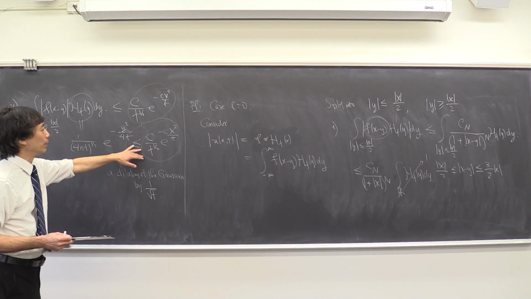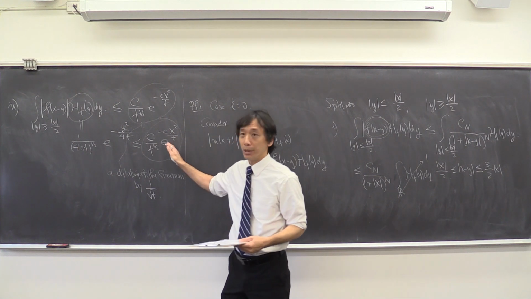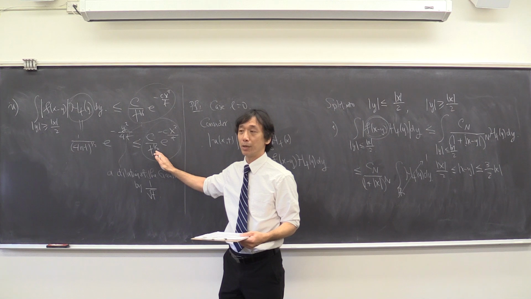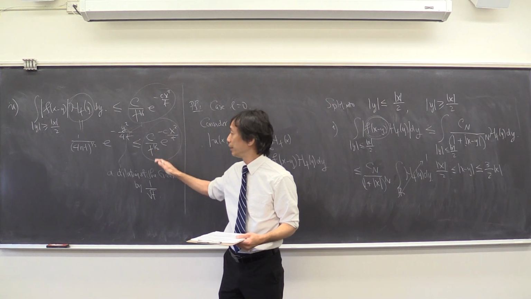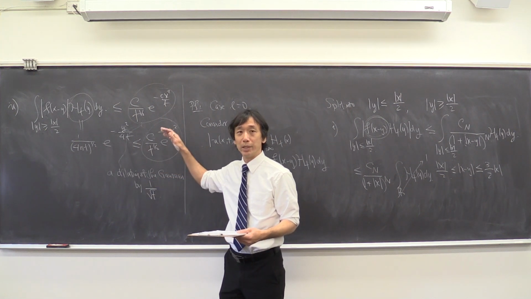As t goes to 0, for example when x is equal to 0, we get 1 here, and we get a constant over t to the half, and as t goes to 0 that becomes infinite.